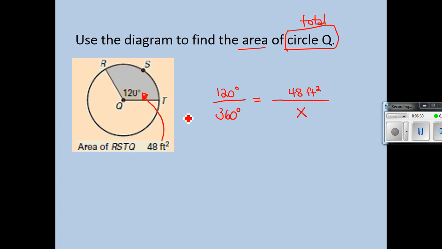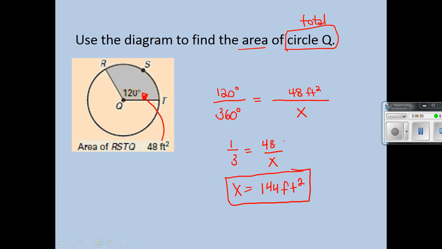So again, I'm going to simplify this. 120 over 360 is 1/3. So I have 1/3 equals 48 over x. 1 times x is x, and 3 times 48 is 144 feet squared. So the total circle for area of circle Q is 144 feet squared.